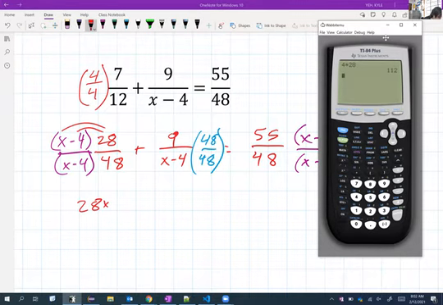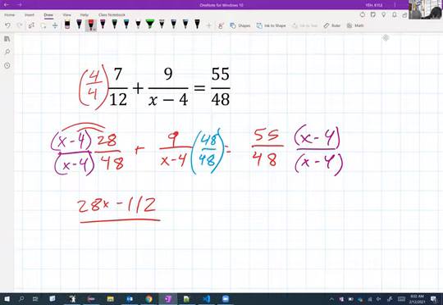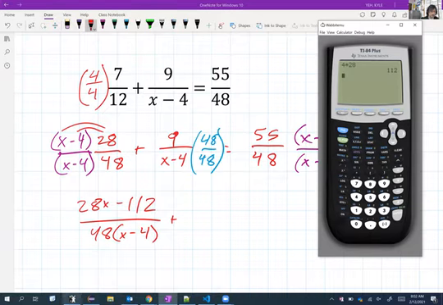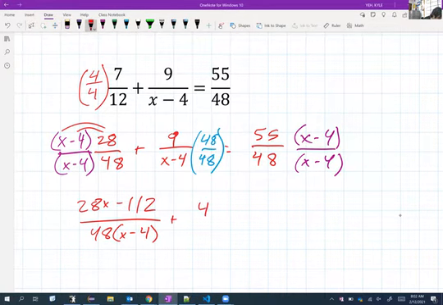So minus 112 over 48 times x minus 4. Plus, I'm going to use the calculator again, 9 times 48, 432, over 48 times x minus 4.